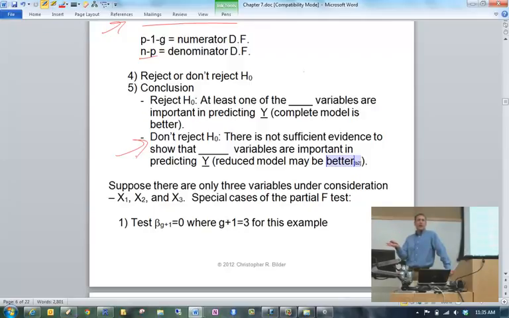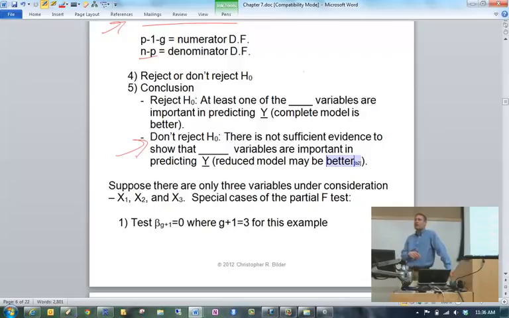What's the probability of a type 2 error? Do I ever state this here? So that's why, if I say don't reject H0 and say that H0 is actually true, I don't have any measure of how good that statement is. So when you're talking about probability, it's related to that.